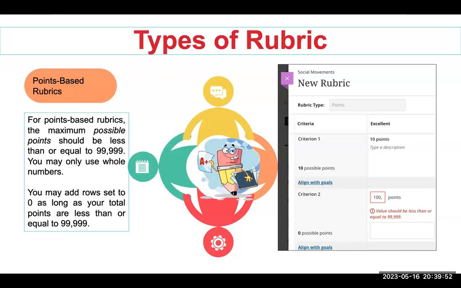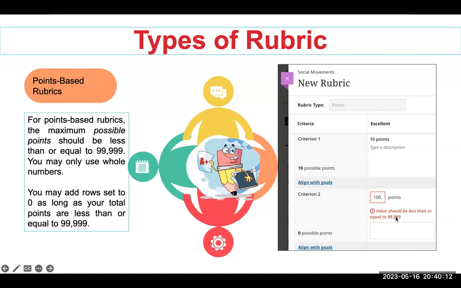You can see an example in the picture. For example, criteria 1, you have set it to 10 points. Here the value should be less than or equal to 99.99.